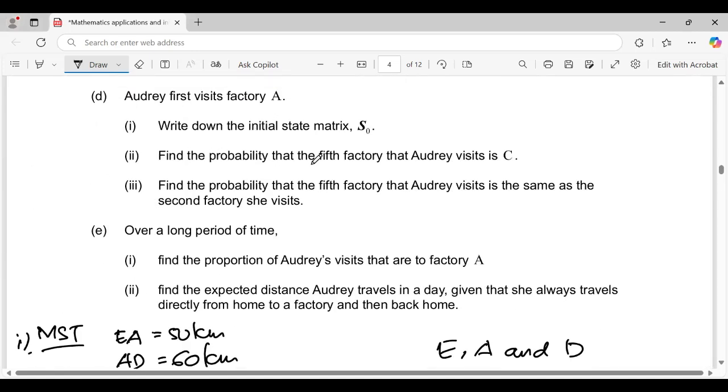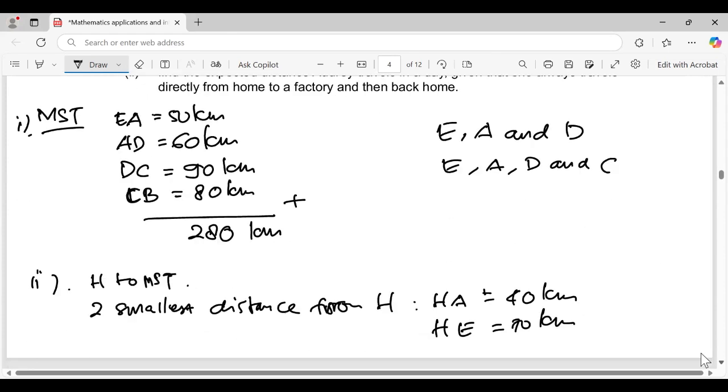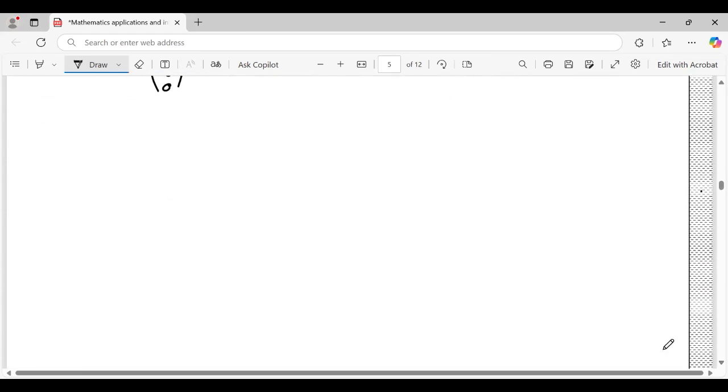Find the probability that the fifth factory that Audrey visits is C. Find the probability that the fifth factory that Audrey visits is the same as the second factory she visits. Okay, part 2.